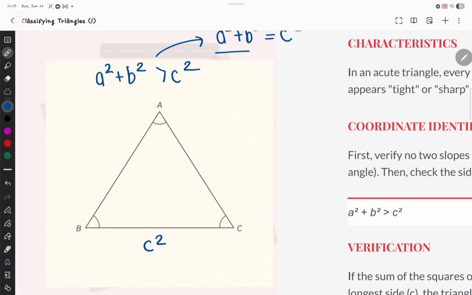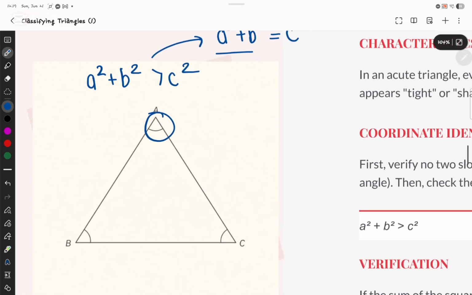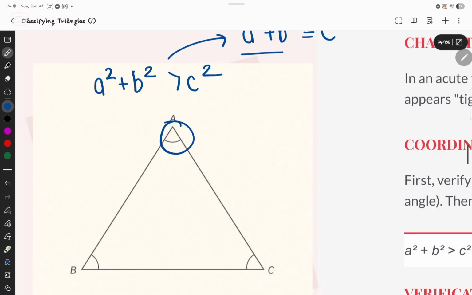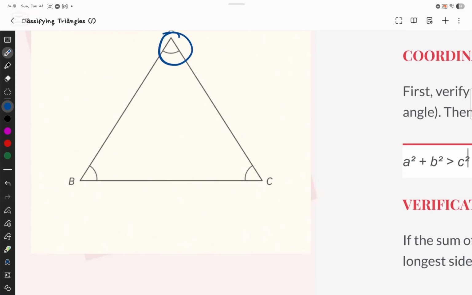If these two legs are larger than this side, then naturally it will form a small angle. Therefore, it is an acute angle, right? So basically, you find the largest side of a triangle, c. If the two small sides squared add up to more than the largest side squared, then it is an acute triangle.